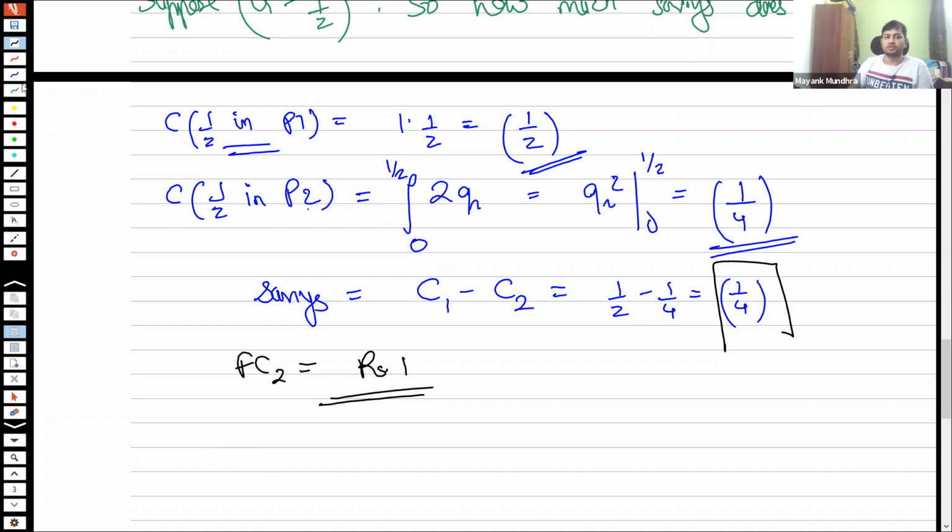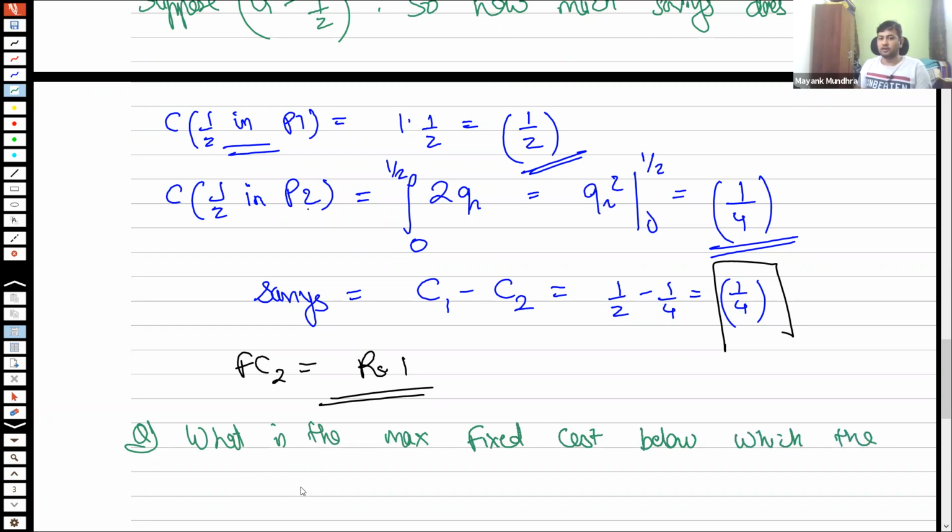So that begs the question, what is the maximum fixed cost below which the firm finds it profitable to run plant 2?